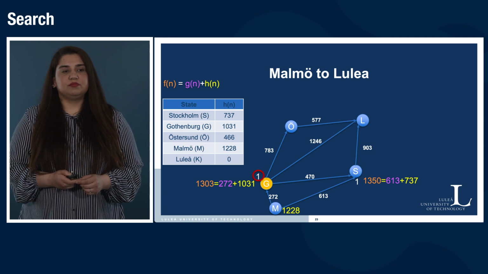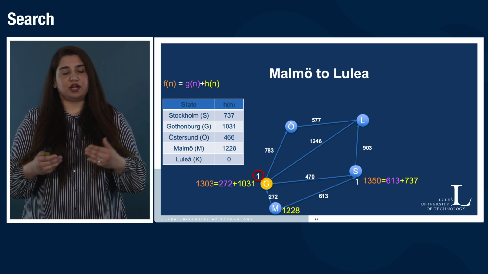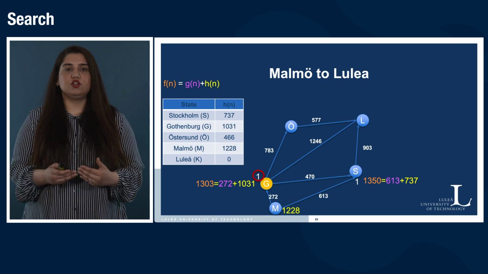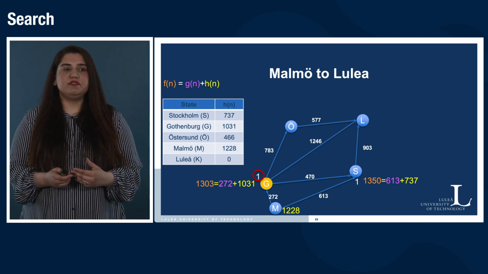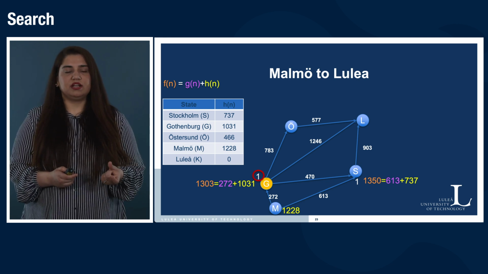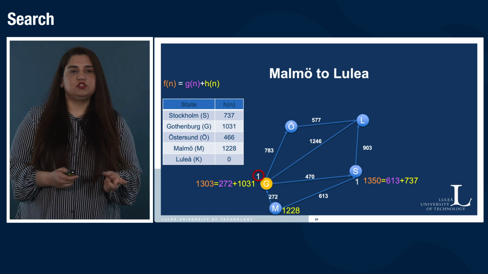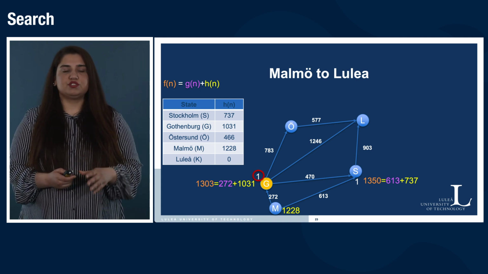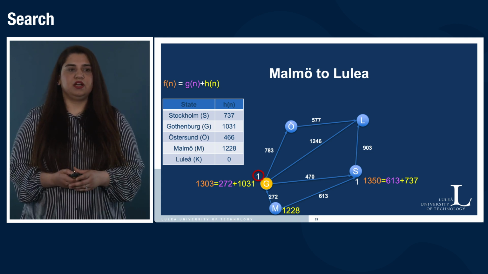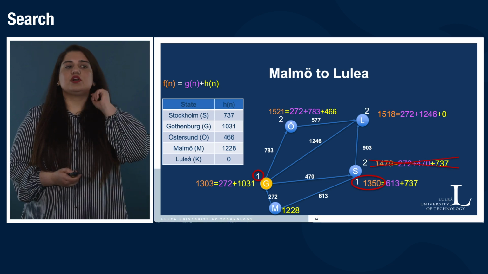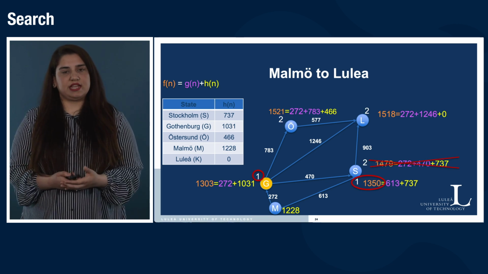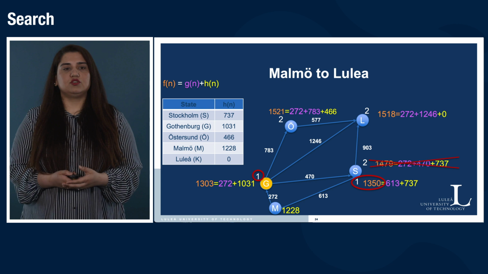So you can see that this is shorter, as we have two adjacent nodes from Malmö right now. So we will go to Gothenburg and we will select this path to reach our goal because it has a shorter total cost.